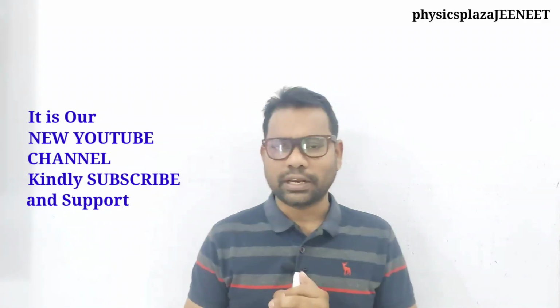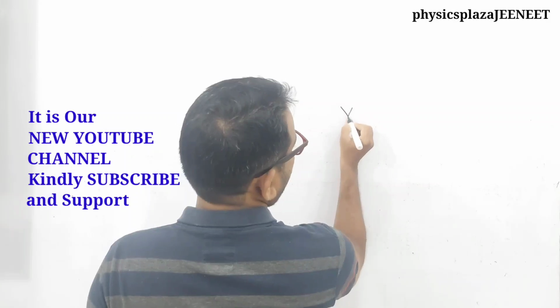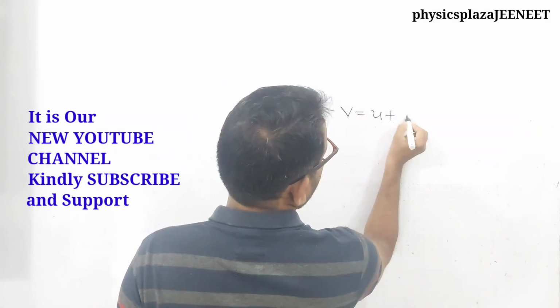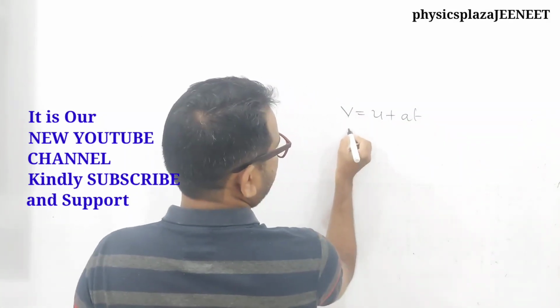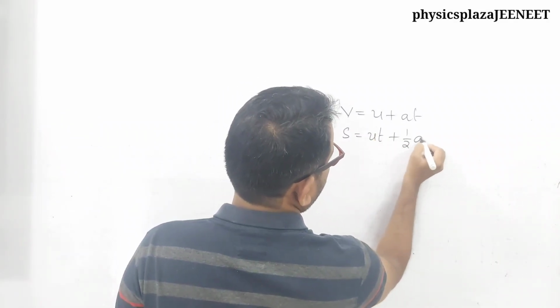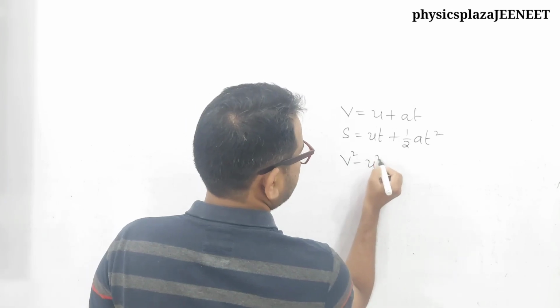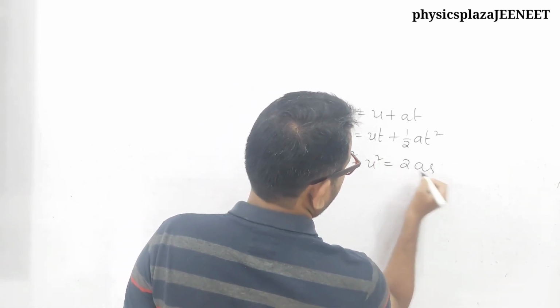Children, let us recall once again. What are the equations of motion which we derived? The first equation of motion is V is equal to U plus AT. The second one is S is equal to ut plus half at square. The third equation of motion is V square minus U square is equal to 2as.